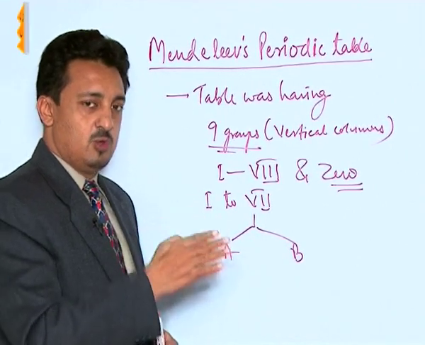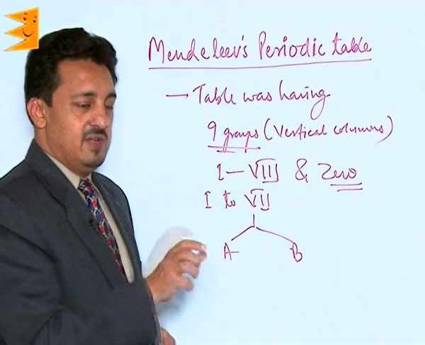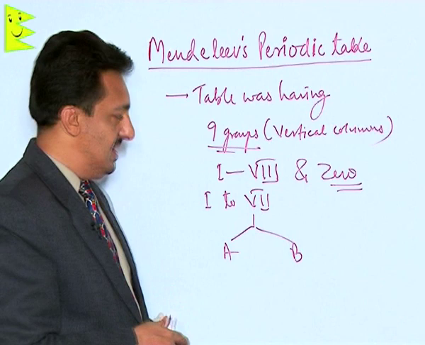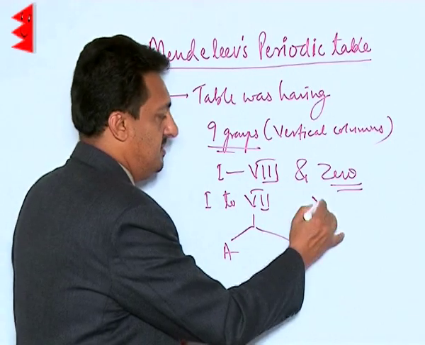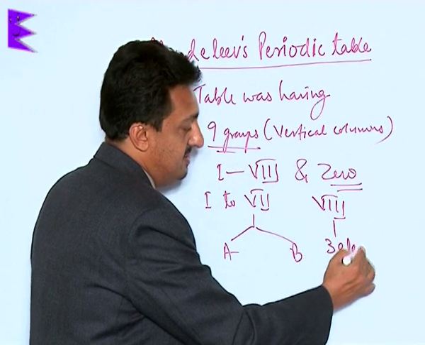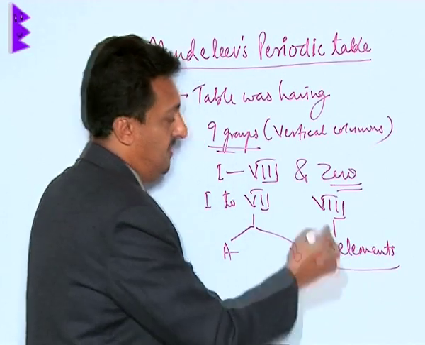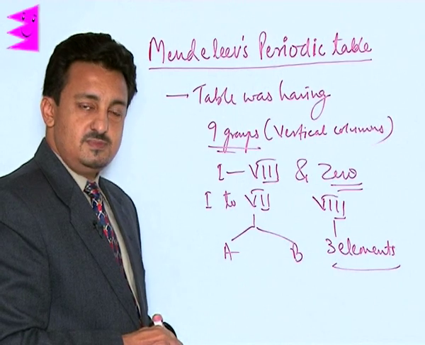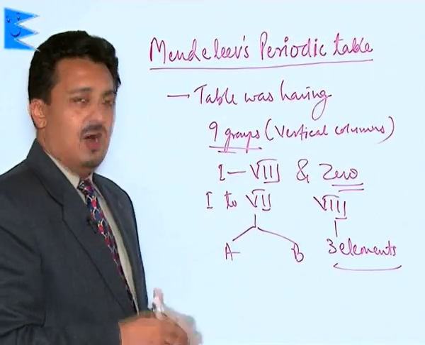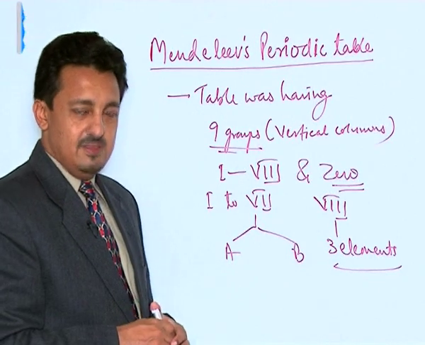And the 8th group had 3 elements together. So this was just an overall outline of Mendeleev's periodic table.